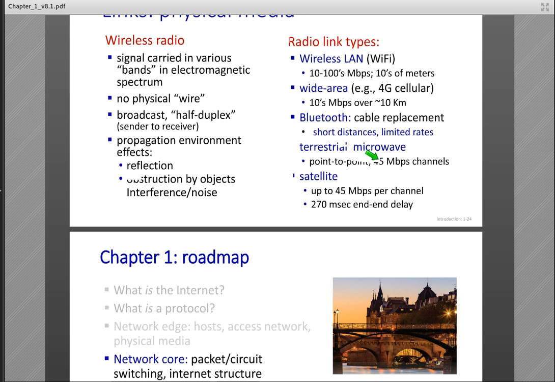Totally, the total delay is a number between 250 and 270 milliseconds, end-to-end delay from the Earth to the satellite and again to Earth. The end-to-end delay is a number between 250 and 270 milliseconds. Okay.